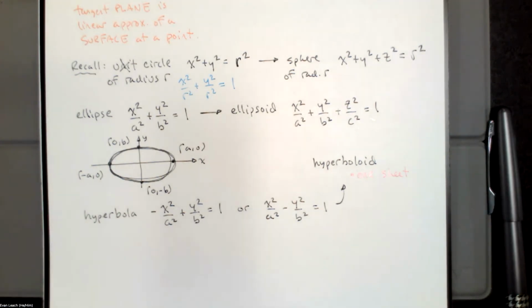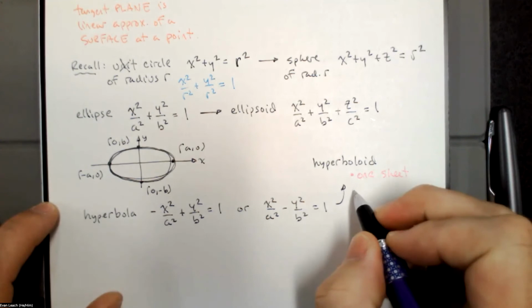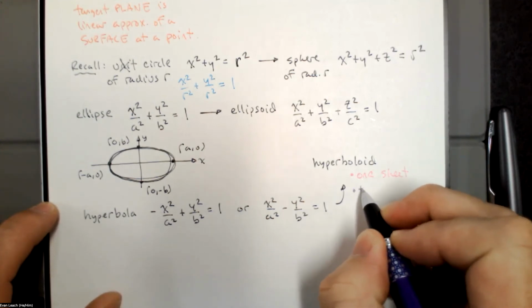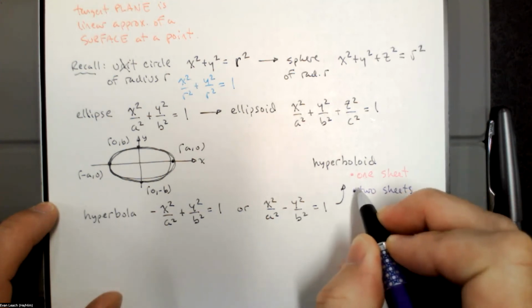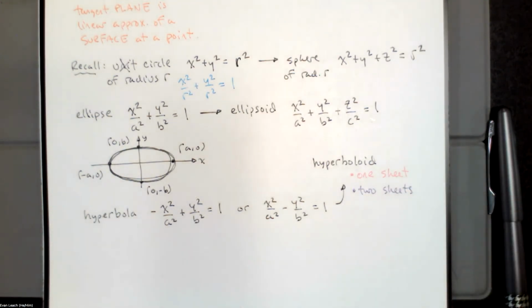Or we can have a hyperboloid in two sheets. So hyperboloids come in two varieties.